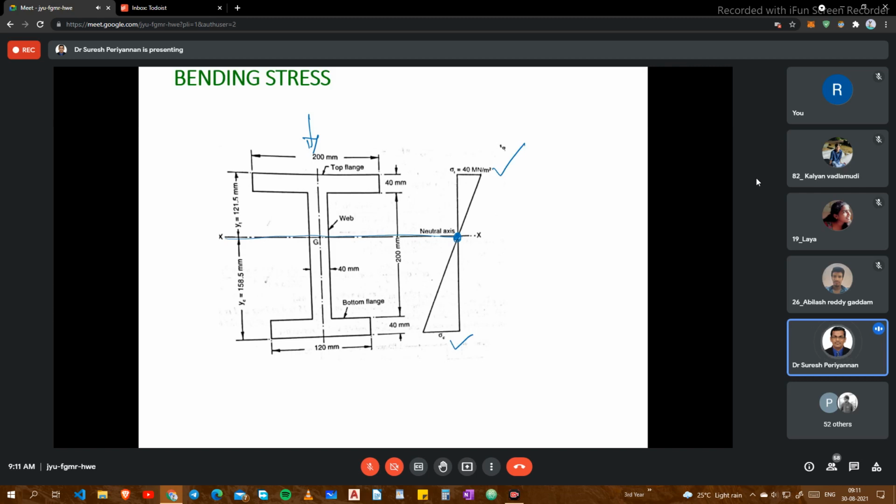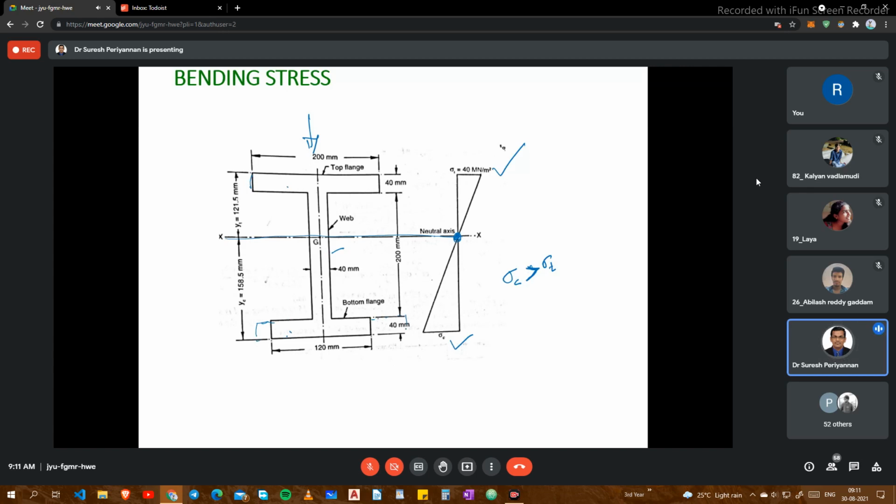See here in this diagram, sigma c is greater than sigma t, depending on where the neutral axis is. This is the web, and this is the top flange and the bottom flange.